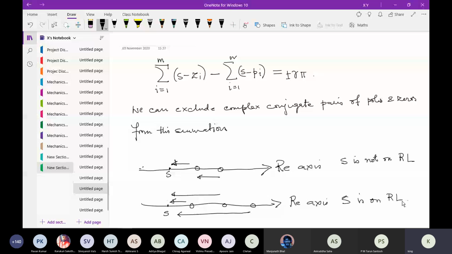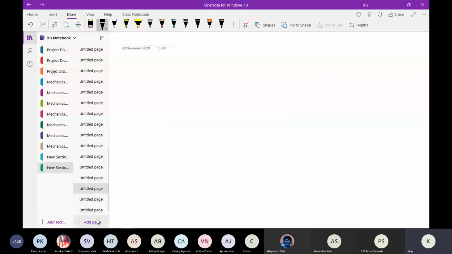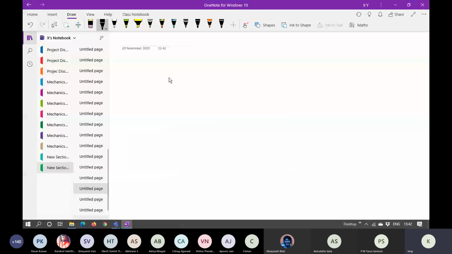So S is on the root locus. If I take poles also, same logic.